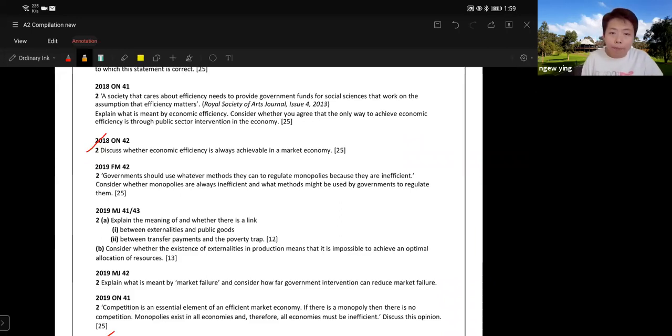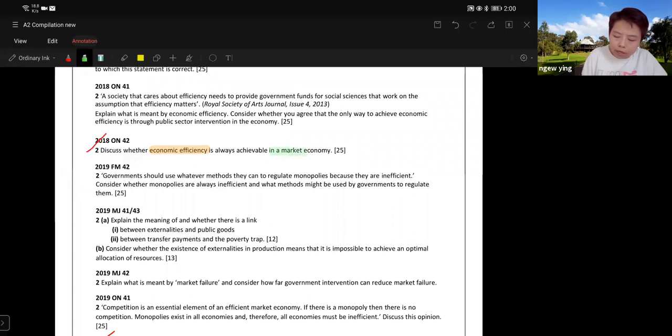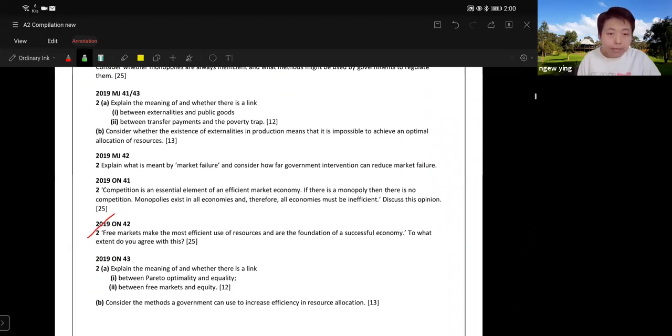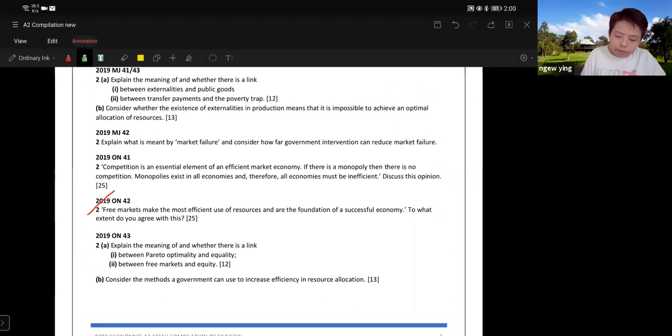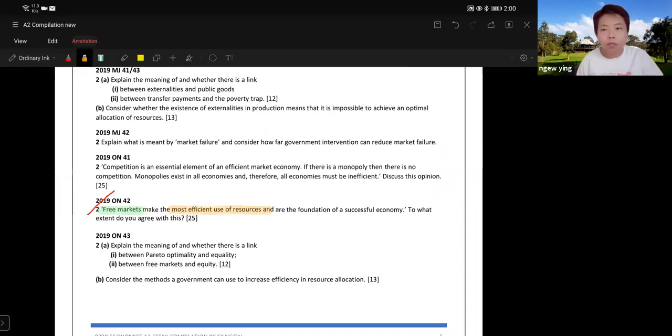They just mention economic efficiency, and we still have the word efficiency here. Then they offer one specific type of economic system, the market economy. And the last example again mentions a type of economic system, the free market, and another keyword, efficient use of resources.